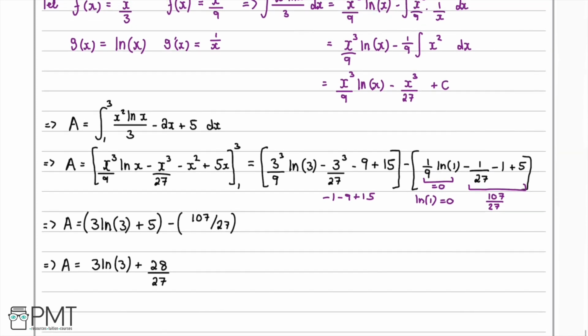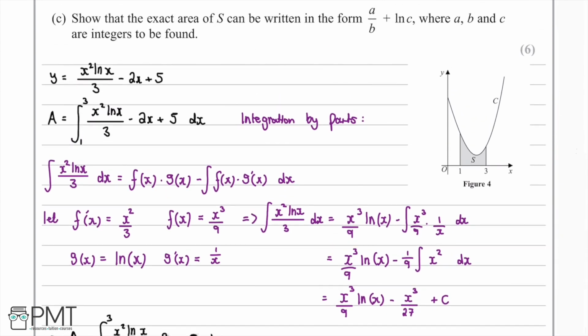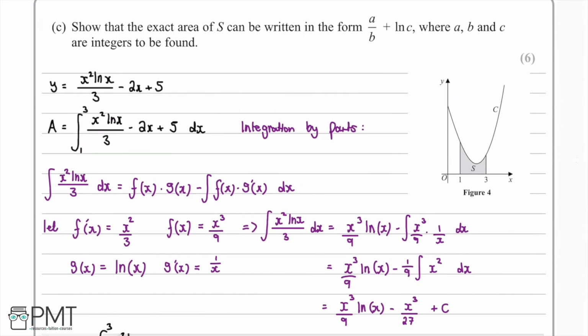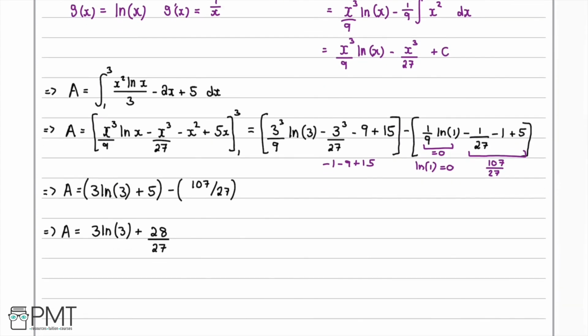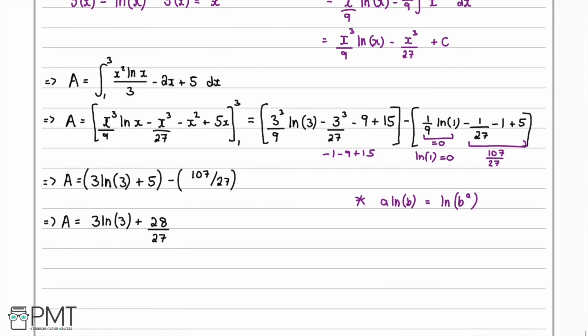And then looking just back to the question to see what we're aiming for, we're asked to write something in the form a over b ln c. But unfortunately so far, we have a constant in front of the ln. We have the following log power law, such that a ln of b is equal to ln b to the power of a. So what we can do here is we can take our 3 here and put it as the exponent of 3, and we know that 3 to the power of 3 is going to be equal to 27.